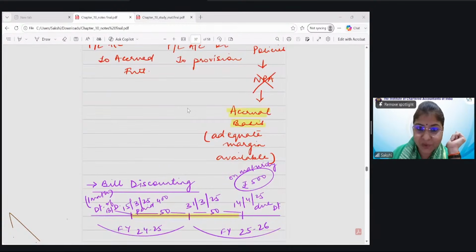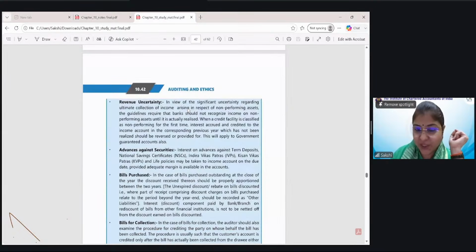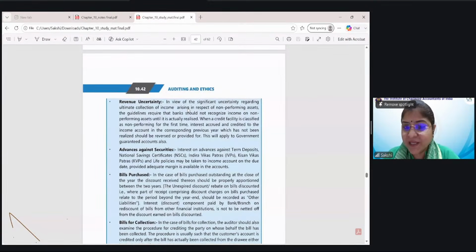So let's come to this. This is what they have mentioned here. Revenue uncertainty. For non-performing assets, the bank should not recognize income on NPA until it is actually realized. And the exceptions are the FDs, NSCs, KVPs, IVPs and your life policies.